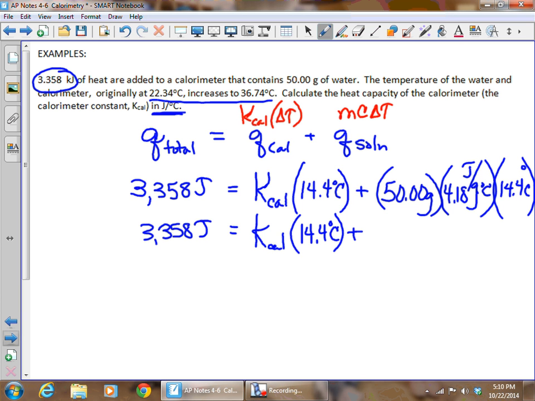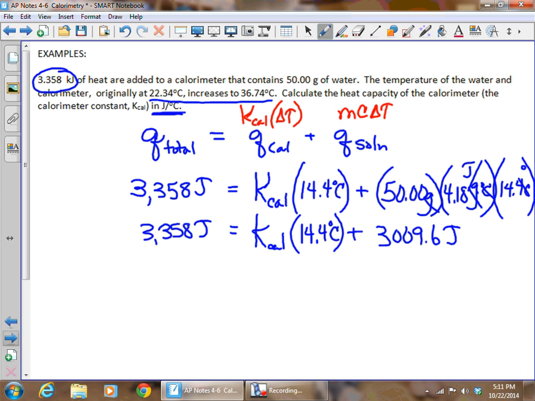And when I multiply all of this out, I end up with 3,009.6 joules, because my grams cancel and my degrees Celsius cancel. So I'm left with 3,009.6 joules.